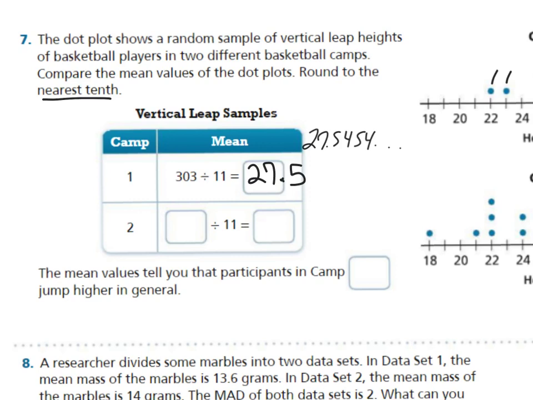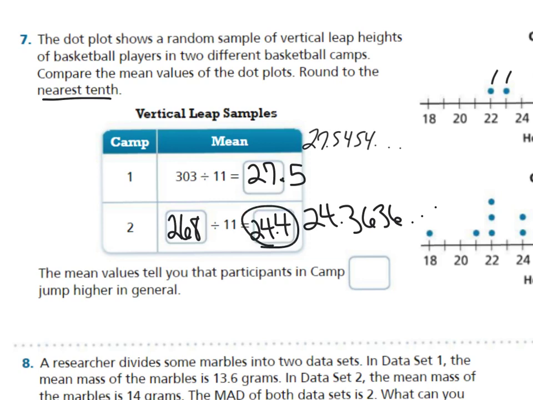If you do the same thing for camp 2, if you add all those together, 18 plus 21 plus 22 plus 22 plus 22 and so on, that should come out to 268. If you divide that by 11, you get 24.3636 and so on. And so nearest tenth, that would be 24 4/10.